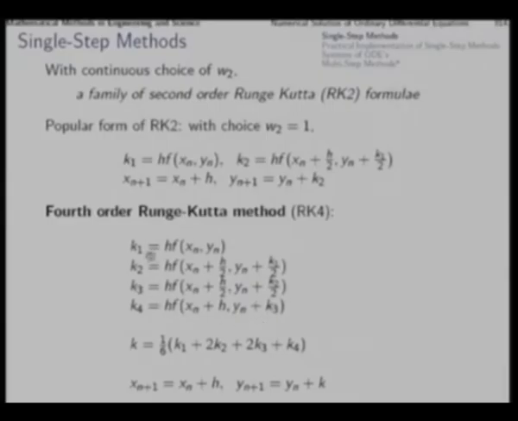And then you have got 4 different proposals for delta y and take this weighted sum 1 by 6, 2 by 6, 2 by 6, 1 by 6, sum is 1.